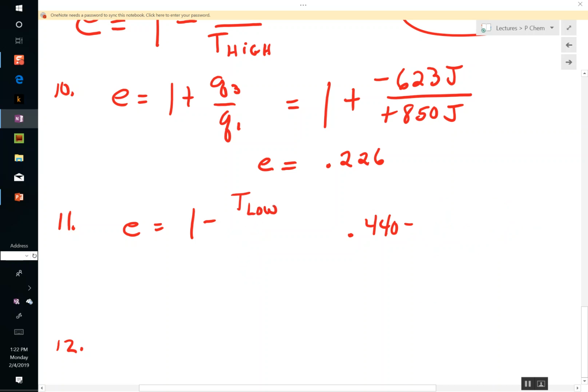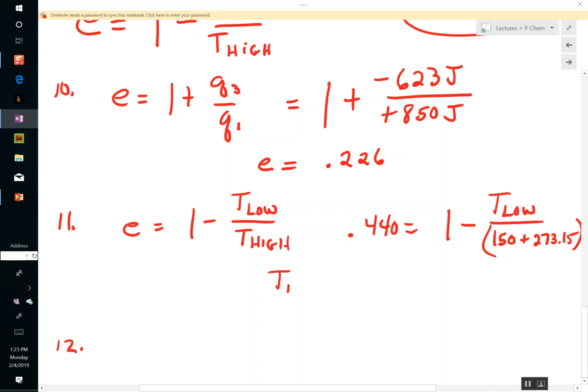T low over T high. And T low equals? Negative 36 degrees C. Okay, get an extra sig fig there.